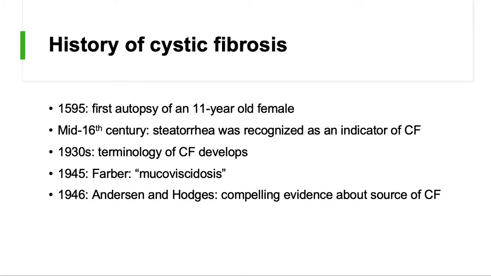Thereafter, in 1606, Alonso y de los Ruyzes de Fonseca, professor of medicine at Henares in Spain, described the salty taste of infants with cystic fibrosis. In the mid-16th century, steatorrhea was recognized as an indicator of cystic fibrosis.